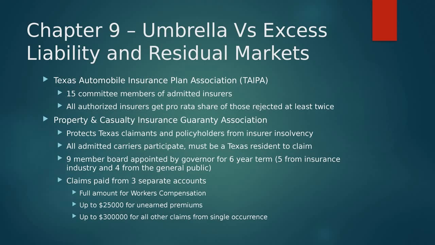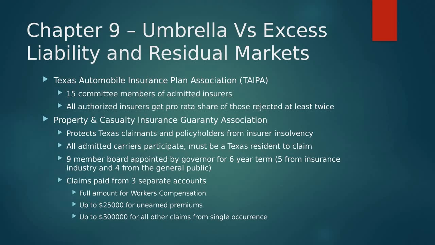Basically, the association is going to assign every member in there on an assigned risk pool basis and a pro rata share equal to the business that they already have in the state. So say, for example, company Y has a 22% market share. They're going to take 22% of the TAIPA drivers in the state as well.